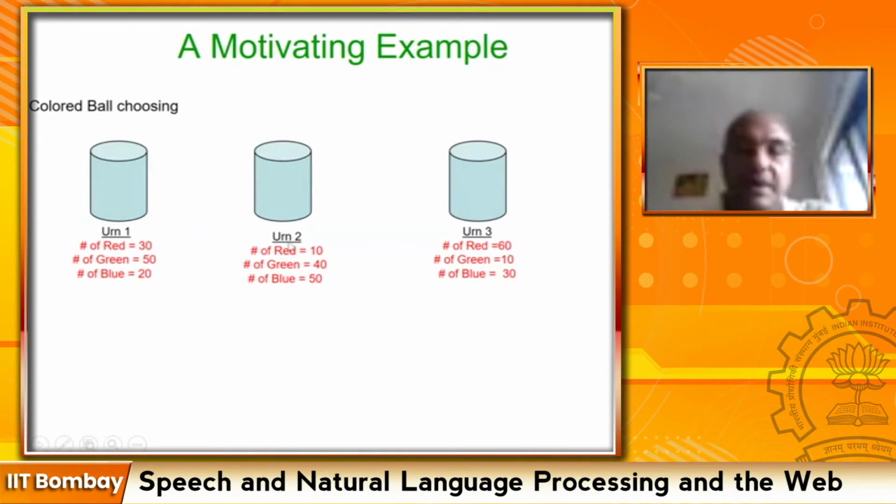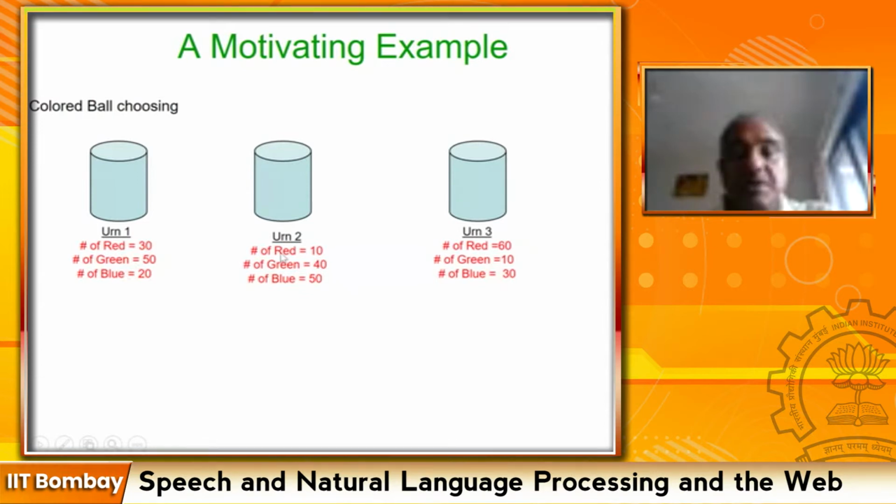Great. So there are three urns, or three bowls, you can say, which have red, green, and blue balls, and you can see the numbers on the screen. In each urn, we have 100 balls, but the color distribution is different from one urn to the other. In the first urn, we have 30, 50, and 20 distribution, red, green, and blue.